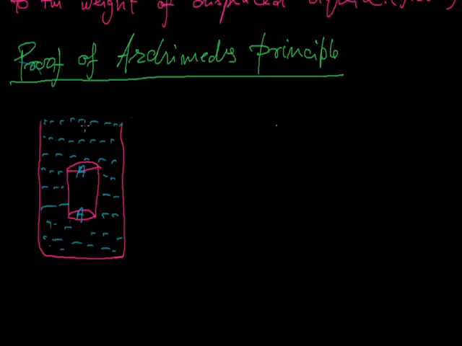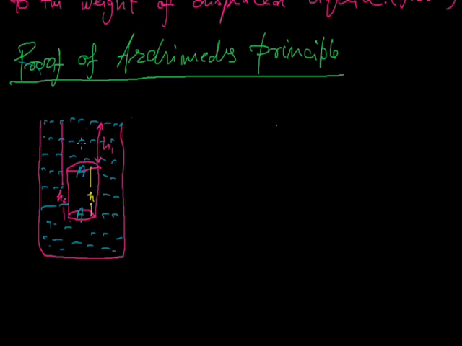The height of liquid over the top is h1. This height is h1, the bottom is at h2, and the height of the cylinder is h.